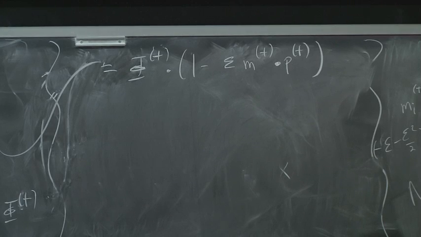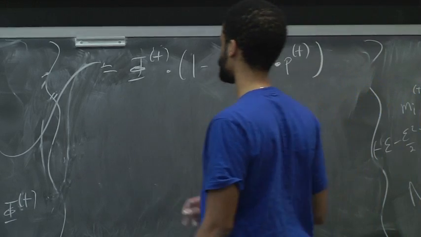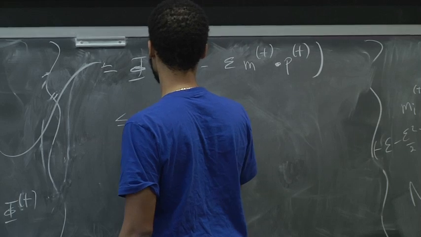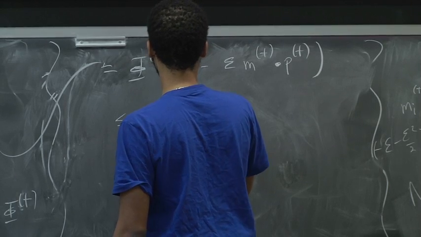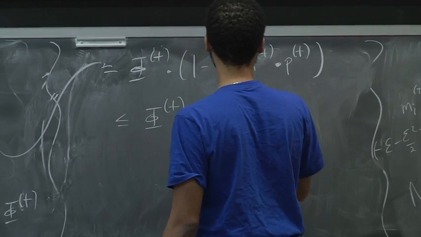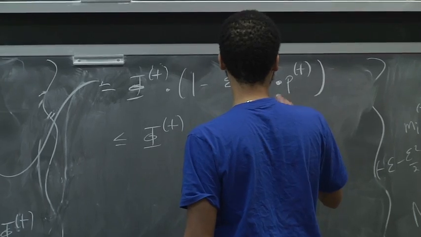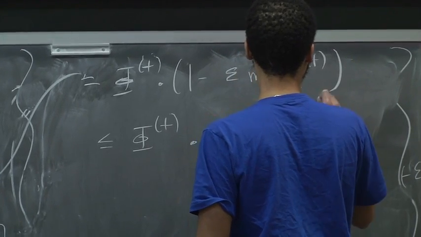Okay, good. And now I'm going to use again my favorite trick. This is at most phi of t times e to the minus epsilon m of t dotted with p of t.